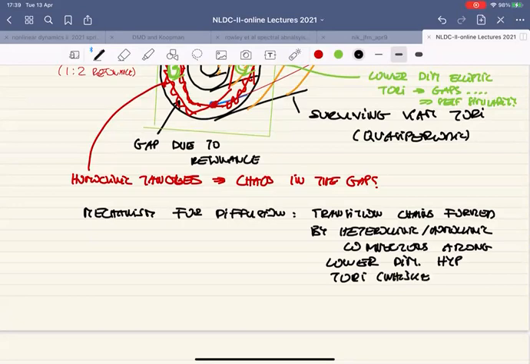This has become actually a standard term, whiskered tori.